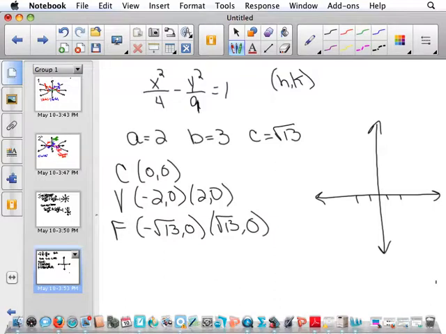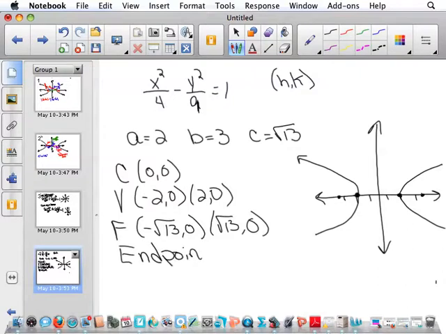So that's a little bit more than 3, but not quite 4. So here are my vertices, and then there are the foci. I'm just going to sketch that. Then I'm going to have endpoints at 0, 3 and 0, negative 3.